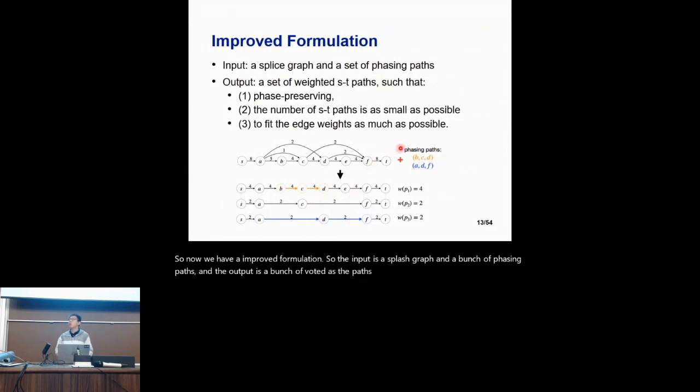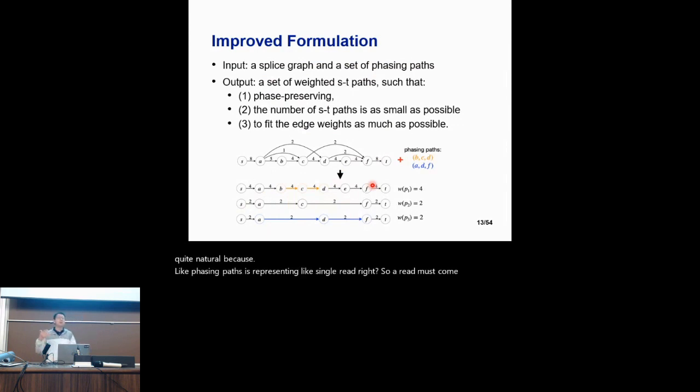We designed three objectives. The first, and the most important one, is to preserve all the phasing paths, or phase preserving. It means each phasing path must appear in at least one ST path. Again, this is quite natural because a phasing path represents a single read, and a read must come from some transcript.